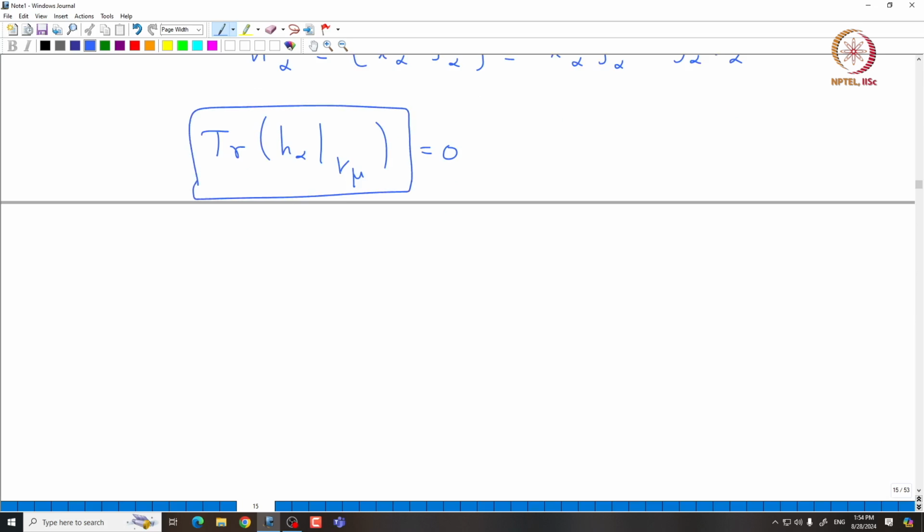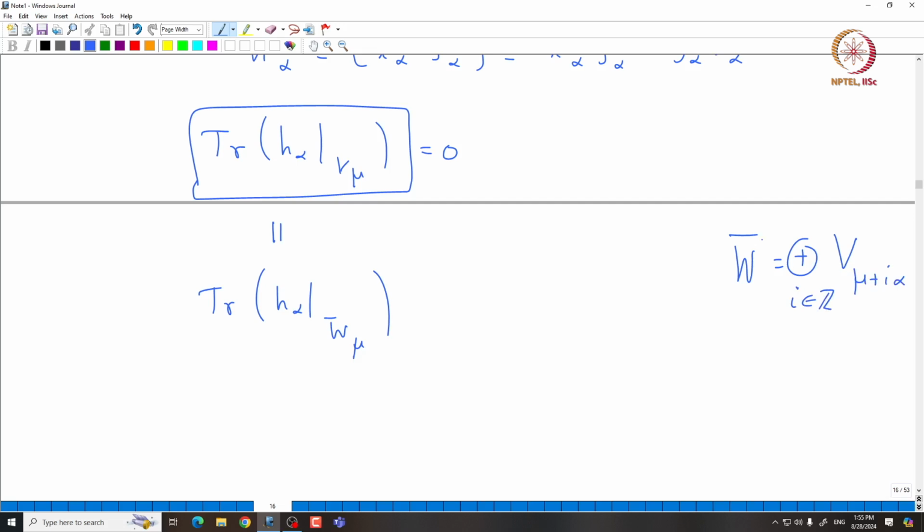So, if I take this trace of h alpha, one can actually compute it on W mu bar. Note that W mu bar is nothing but the direct sum of V mu plus I alpha, where I varies over the integers. Because of that, if you are interested in computing h alpha on each weight space, it is going to act as mu of h alpha plus 2I.